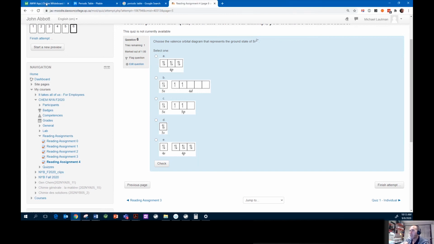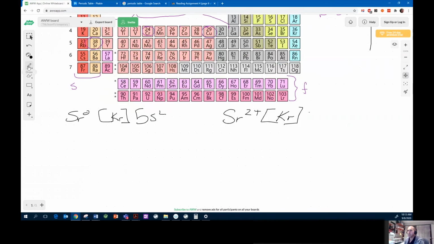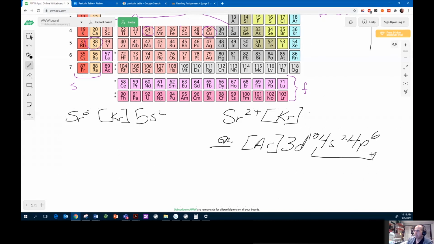So in our case, the highest energy electrons are these ones in the 5s. So that's for neutral strontium. Strontium 2+ will have lost 2 electrons, so its electron configuration will just be krypton, which we can represent as argon 3d10 4s2 4p6. And so the valence electrons are these ones.